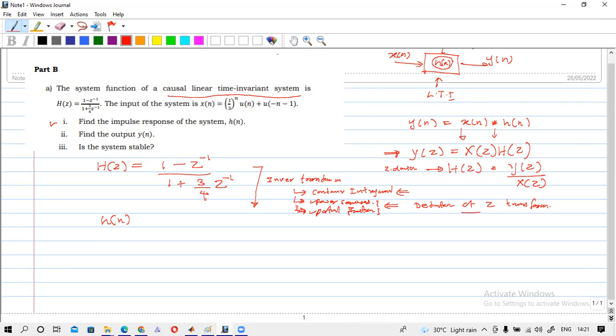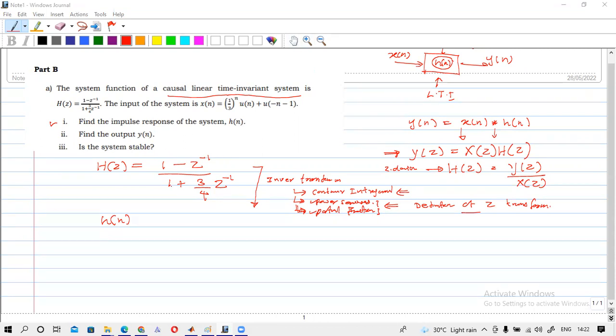Which method can we use? Series or partial fraction method?